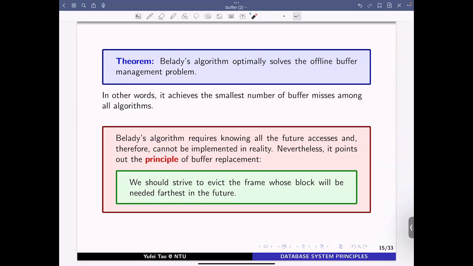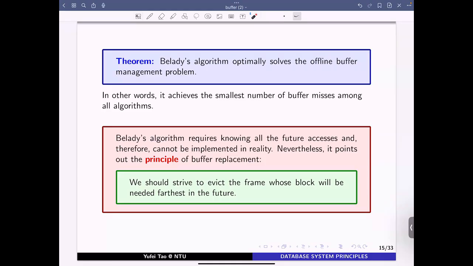I can prove that to you offline, but the proof is not required in the tests. So this is an optimal algorithm.